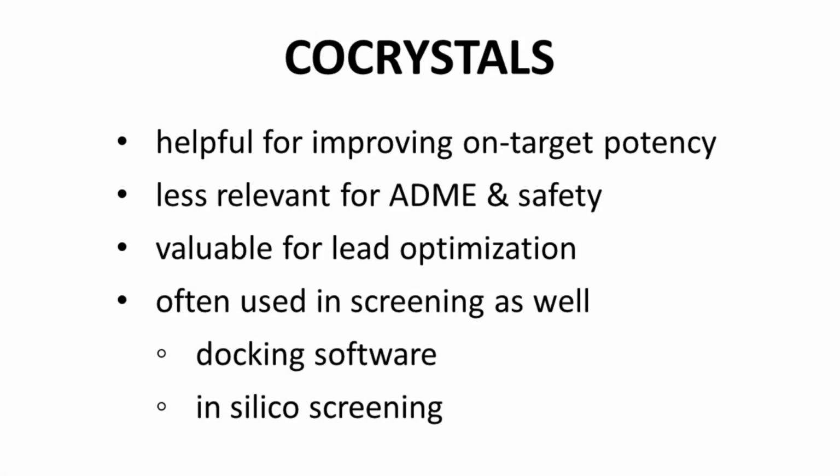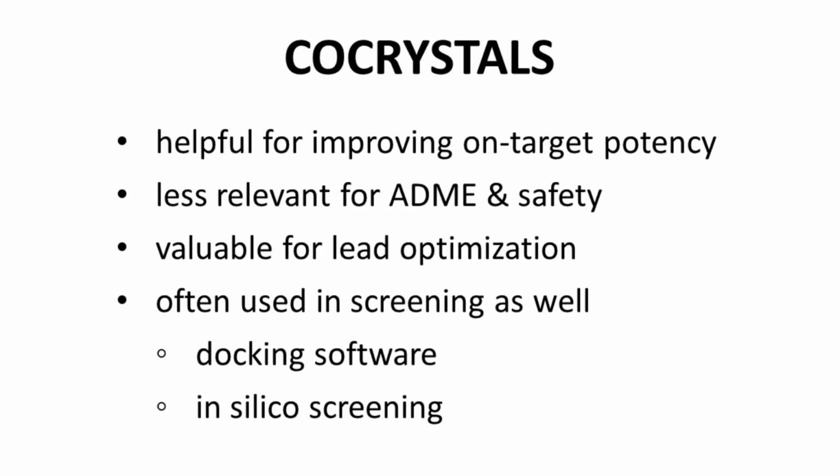X-ray crystallographic structures of a target, and especially of cocrystals, are a great help during lead optimization, specifically for on-target potency. X-ray structures are less directly relevant for optimizing ADME, PK, and safety properties. While I have emphasized the use of crystal structures in lead optimization, X-ray structures can be used during screening as well.